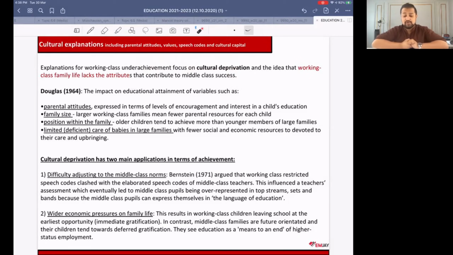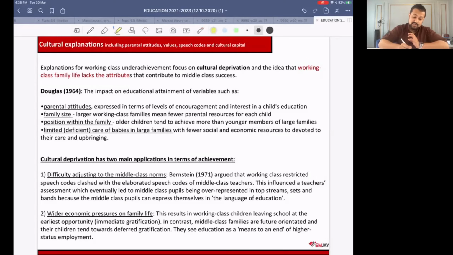There are different sociological commentators who have different stances on this, but according to Douglas, a child from a middle class background gets more of encouragement, more of support, more of guidance from their parents as compared to a child from the working class background. Now, Douglas claims the impact on educational attainment are variables.